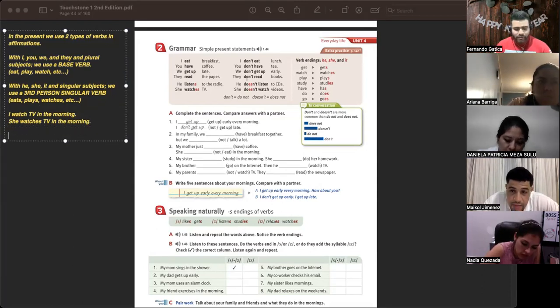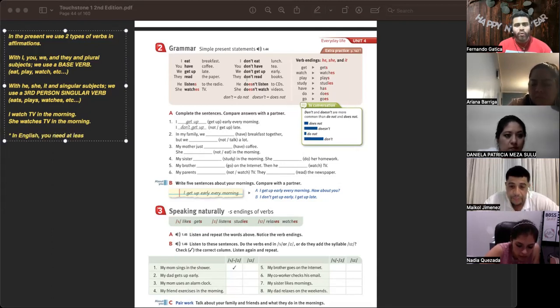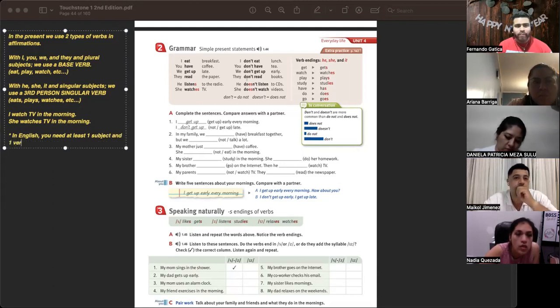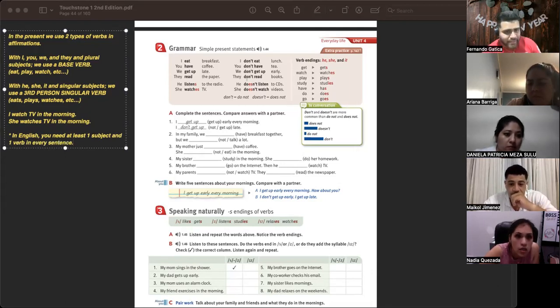Remember, in English, you need at least one subject and one verb in every sentence. En inglés necesitas mínimo un sujeto y un verbo para cada oración.